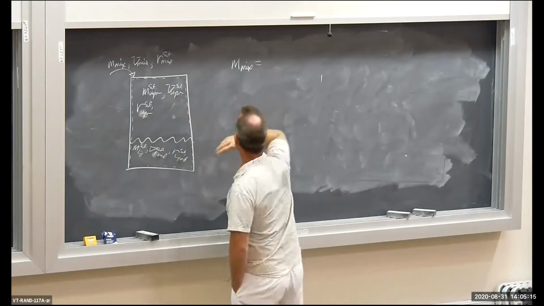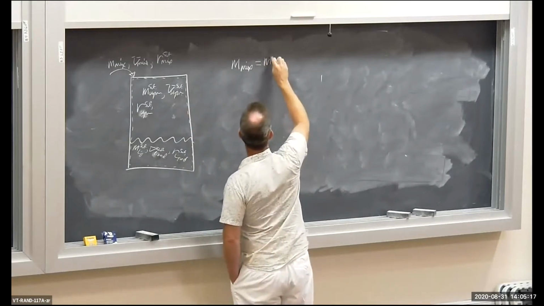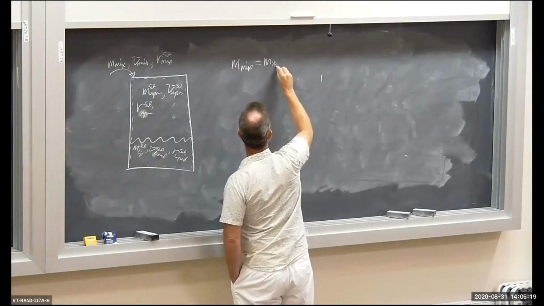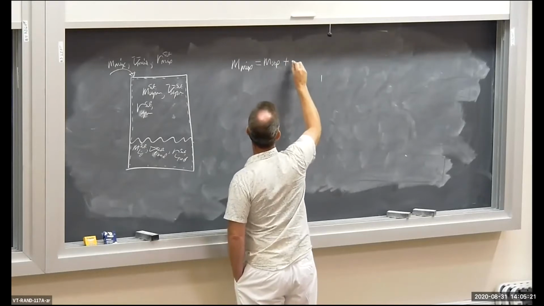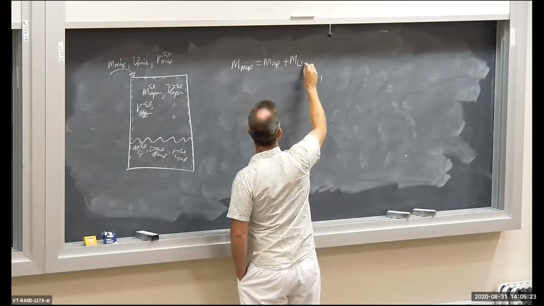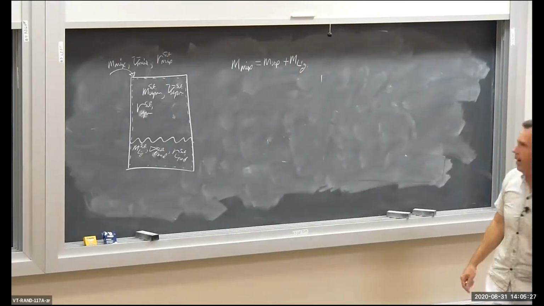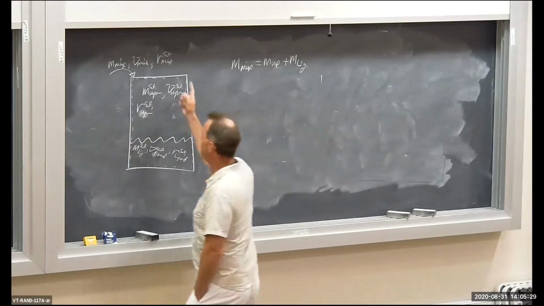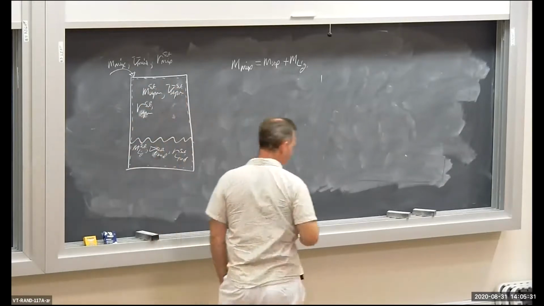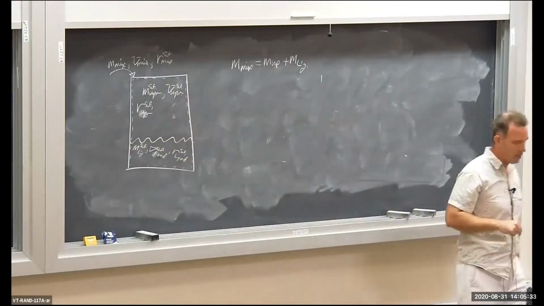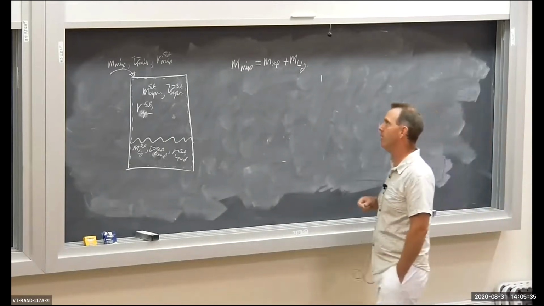The mass of the saturated vapor, I'm not going to write sat anymore, I'm just going to write vap, plus the mass of the liquid. So that's a mass balance applied to the mixture. The mixture mass is equal to the vapor mass plus the liquid mass.